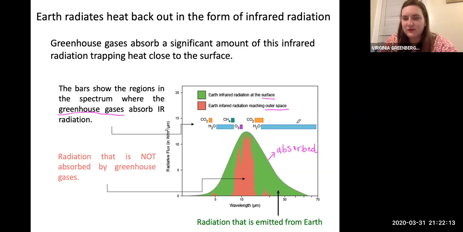And we can see some of those listed here. We have CO2 absorbing in 2 different regions. We have water absorbing in 2 different regions. We have methane and ozone absorbing. Okay. And so it's their absorption that contributes to the increase in the kinetic energy of the Earth and an increase then in the Earth's ambient temperature.